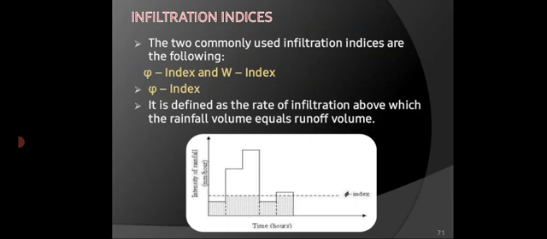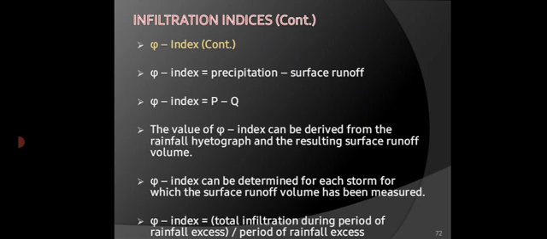So the phi index is the rate of infiltration above which the rainfall volume equals the runoff volume. The phi index is equal to precipitation minus surface runoff. In terms of the equation, precipitation is always denoted by P and surface runoff by Q. So phi index is equal to P minus Q.